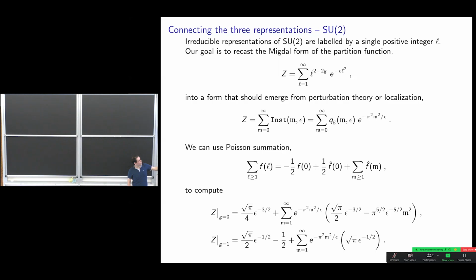This looks very much like a Fourier transform, so you would guess that Poisson summation does the job, and you find precisely the form of the result that you should expect. This is a sum over all the instanton sectors, namely e to the minus S evaluated on the instanton profile.